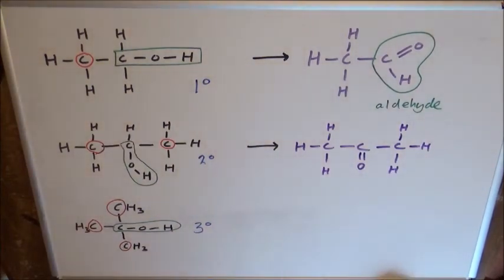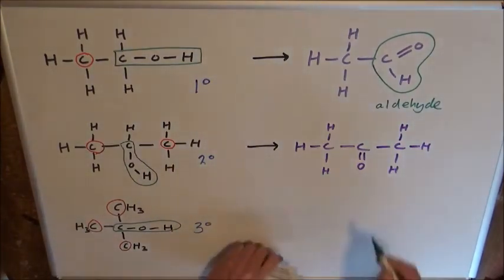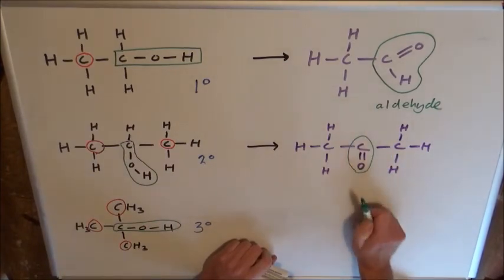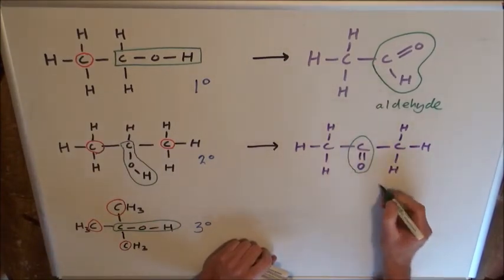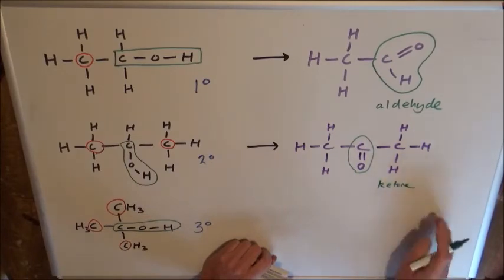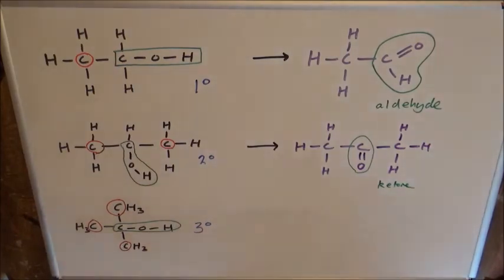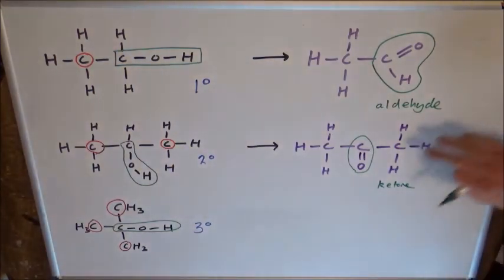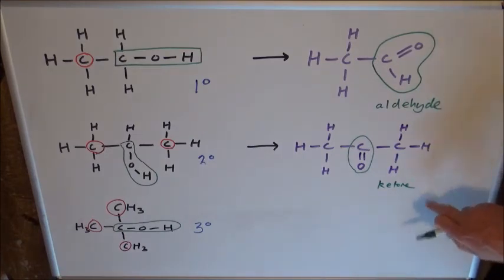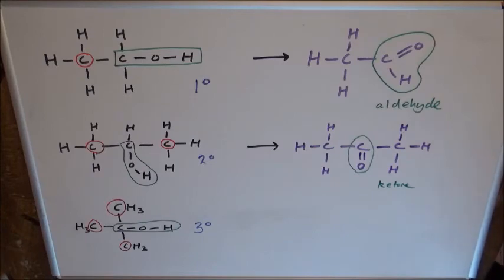So we've got the same C double bond O, but we don't have a hydrogen attached. It's got a carbon on both sides, so that makes it into a ketone. So ketones and aldehydes, they're both carbonyl compounds because they've both got the C double bond O, but aldehydes are at the end of the carbon chain, whereas ketones are within the molecule.